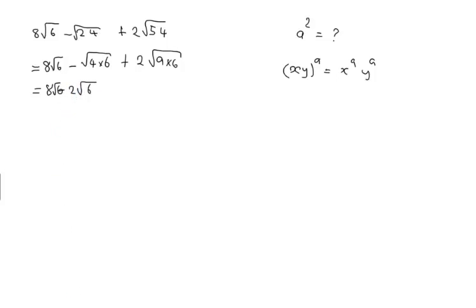Sorry, that doesn't look nice. Let's get rid of that. This will be 8 square root of 6 minus 2 square root of 6 plus 3 will come out there from 9. Then you get 6 square root of 6.